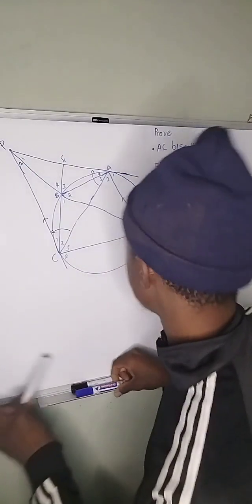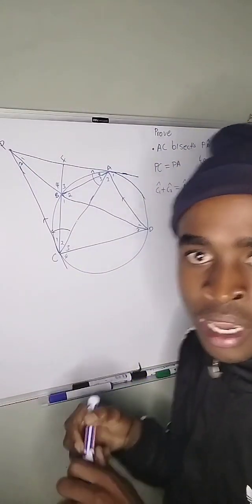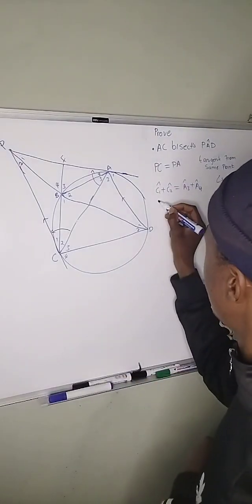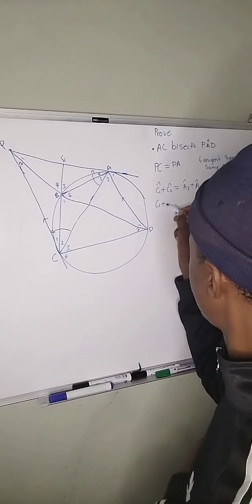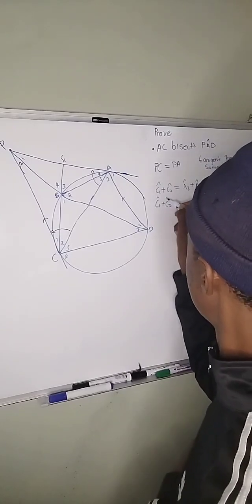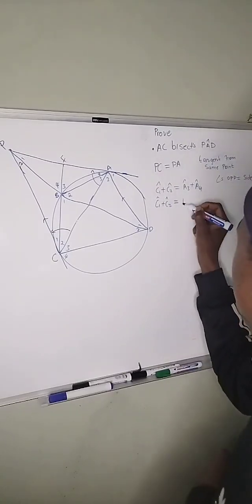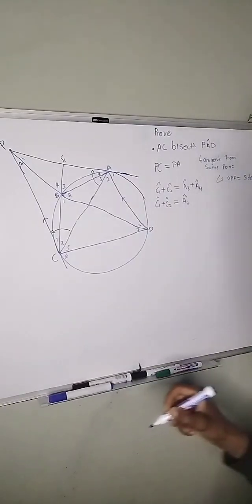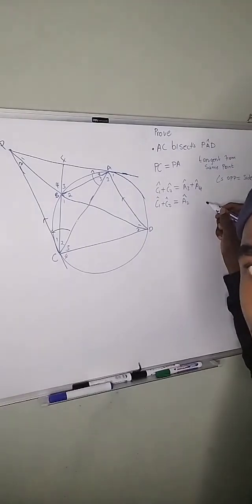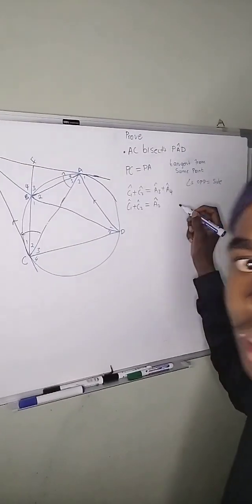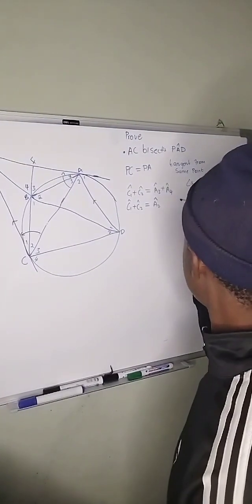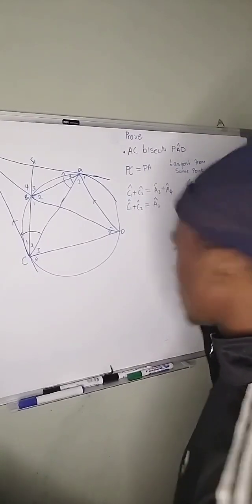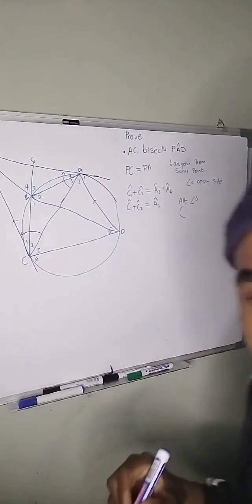So now I'm going to say C1 plus C2 is going to be equal to A2. Reason: alternating angles. Guys, let me give you a tip.